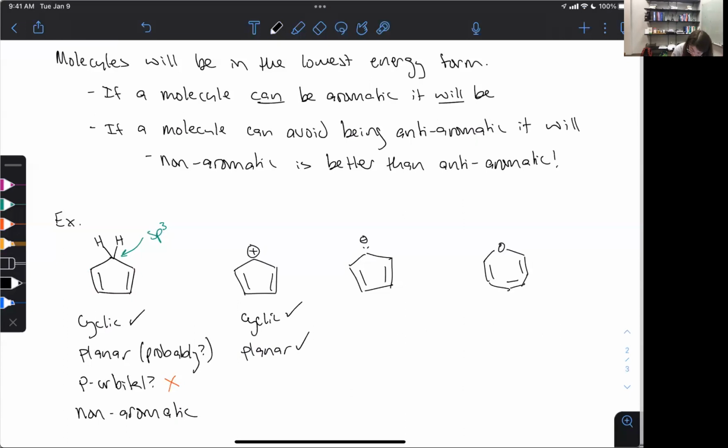Does it have a p orbital on every atom? Let's check. So I've got p, p, p, p, right, from all those pi bonds. I've got a carbocation. We know that carbocations have an empty p orbital. So yes, I do have a p orbital on every atom.